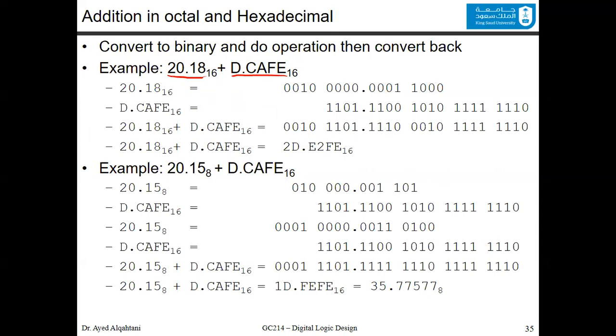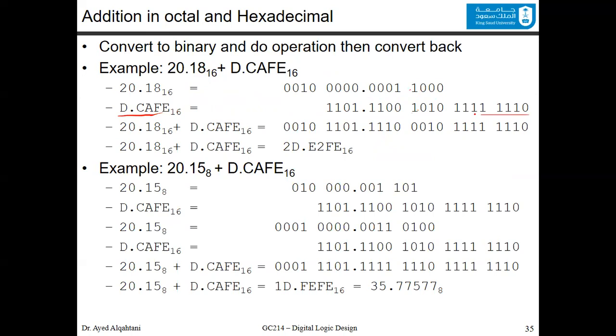So what we are going to do is convert to binary, and then add using the binary system that we just described. So we convert this number from hexadecimal to binary this way. You can take this as an exercise. We will convert this one this way, and then we will add them together.